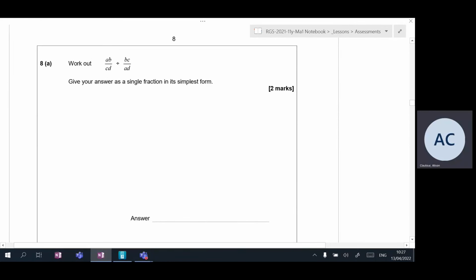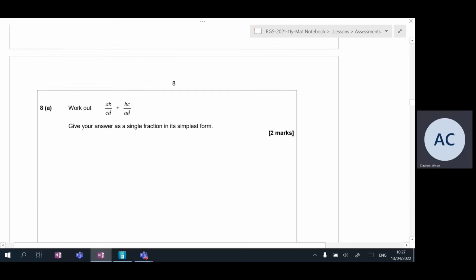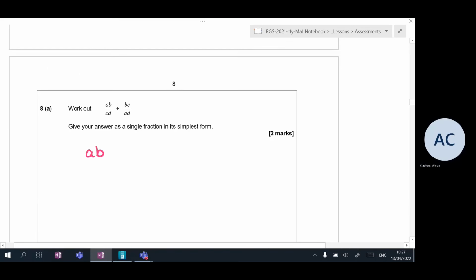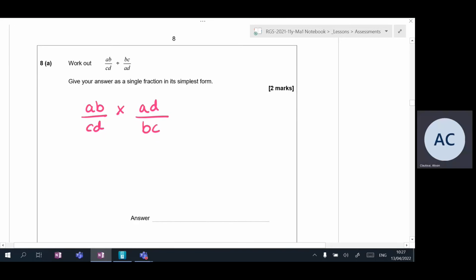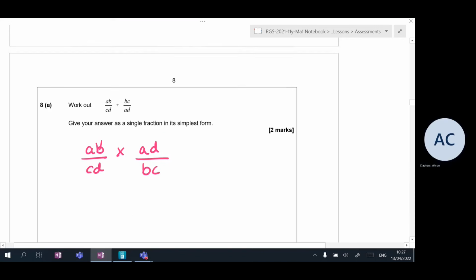Question 8. It's got some algebraic fractions, so we're dividing these fractions. So we're going to multiply by the reciprocal. So multiply and switch the other fraction upside down. Okay, and then have a look and see if there's anything that cancels. So I've got a B and a B that cancel out. Here, I've also got a D and a D that cancel out.